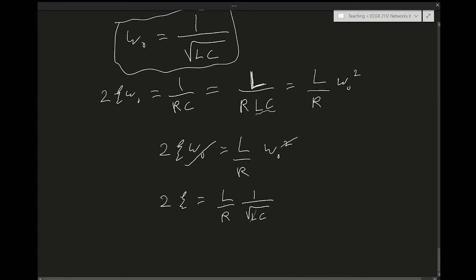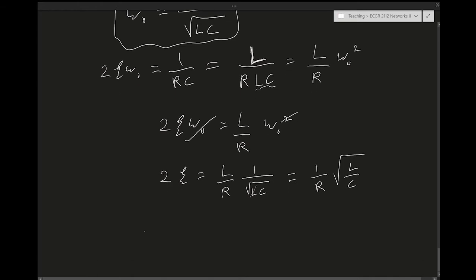What's omega naught? Omega naught is 1 over square root LC. Square root L goes with square root L. I end up with 1 over R square root L over C. So I end up with zeta, the damping coefficient, being equal to what?